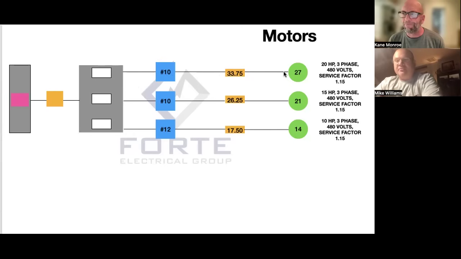I don't know if I've ever seen a motor that had an overload on it. Oh, you will. They're not on the motor themselves. They're actually in your MCC. If you look, you've got your starter, and then usually right below your starter is your overload block. So that's where that's at.